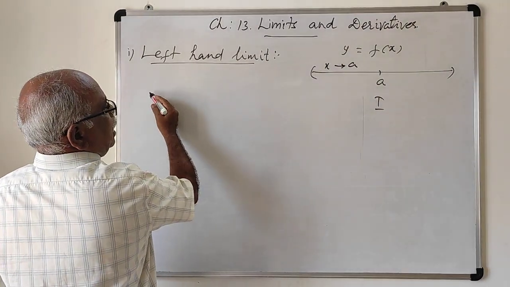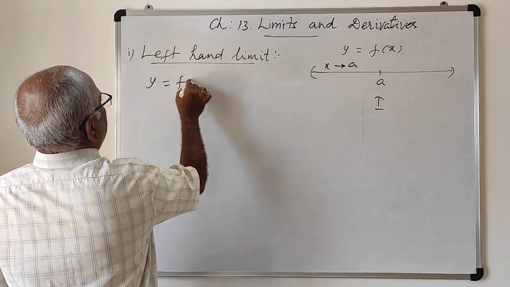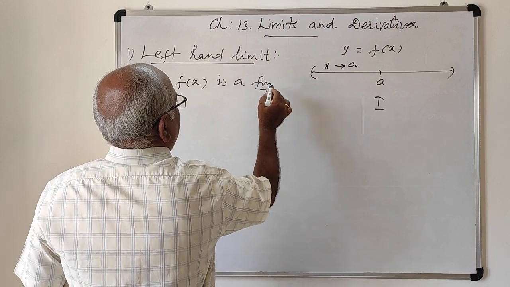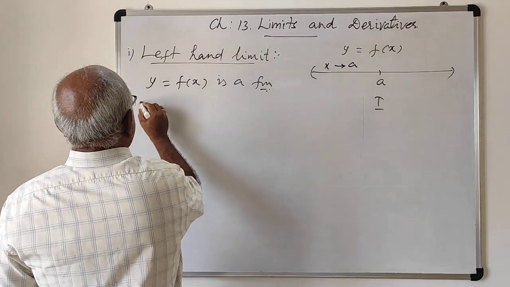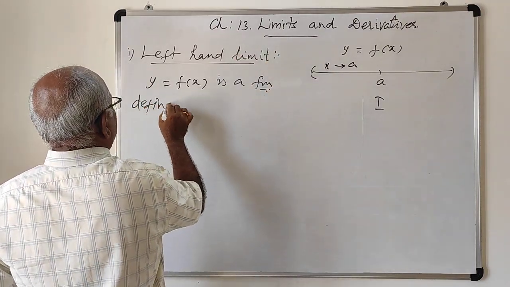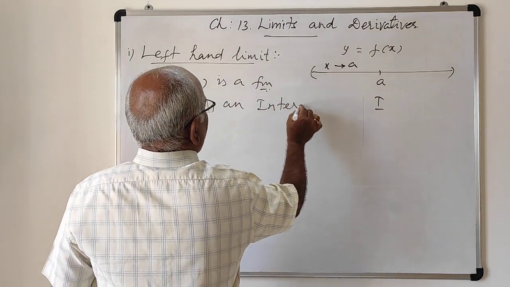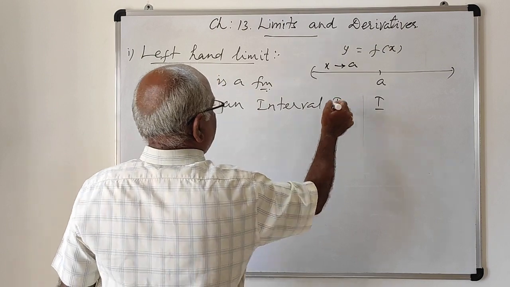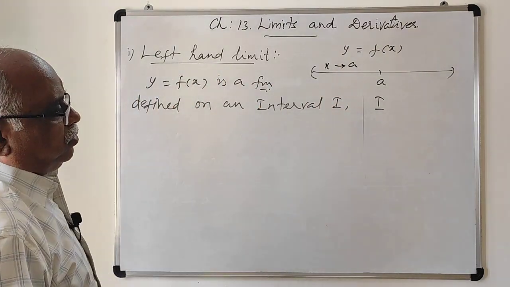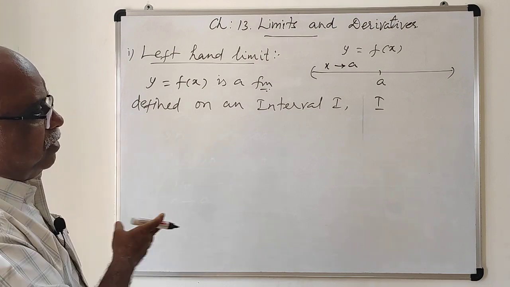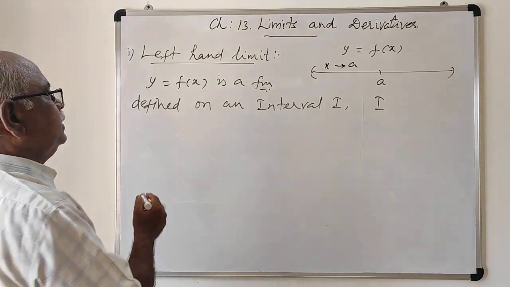That is, y equal to f of x is a function defined on an interval I. In that interval, we have to find the limit of the function f of x as x approaches a from the left side.